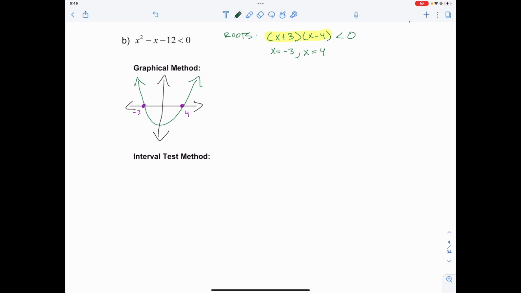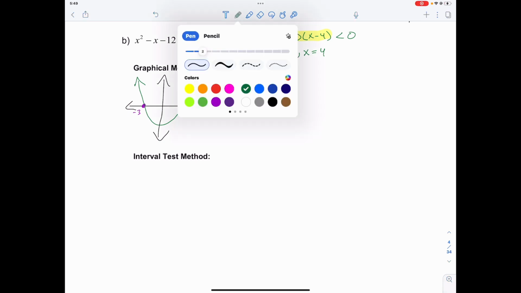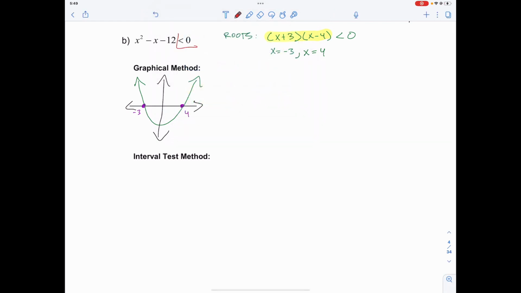Now we can see from the original function, it said when is this less than 0, which means that it's specifically asking for when it is below the x-axis, and it's below the x-axis in between these points, which means that the x values where it is below the x-axis, or the domain where it's below the x-axis, is going to be in between -3 and 4.